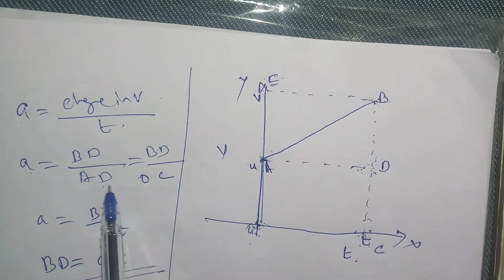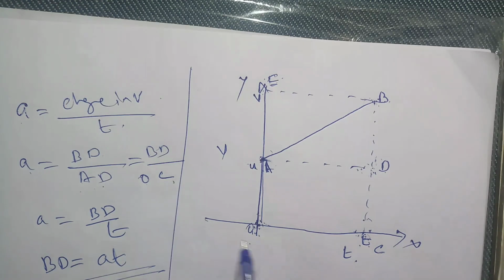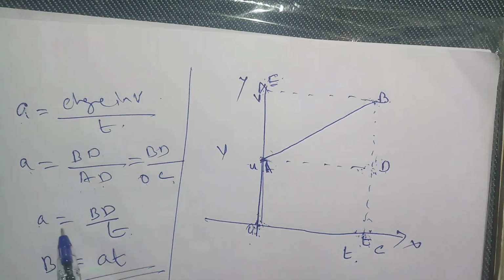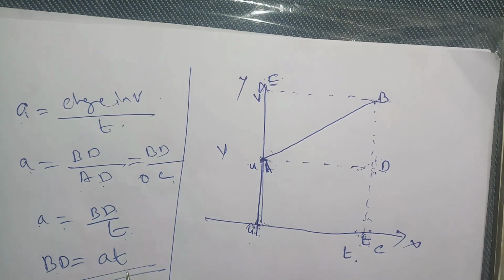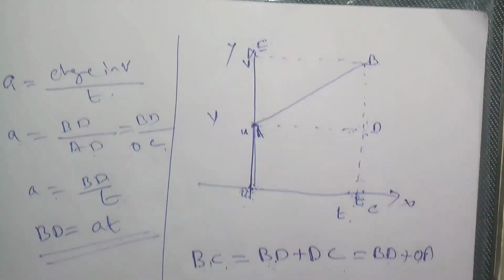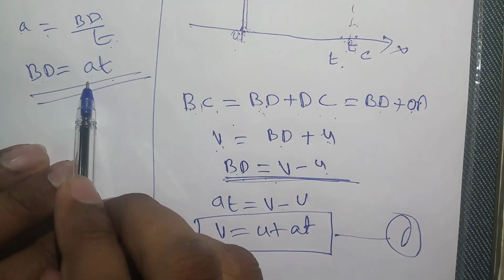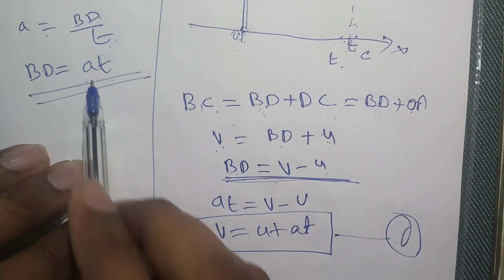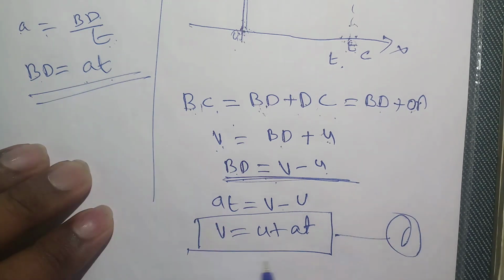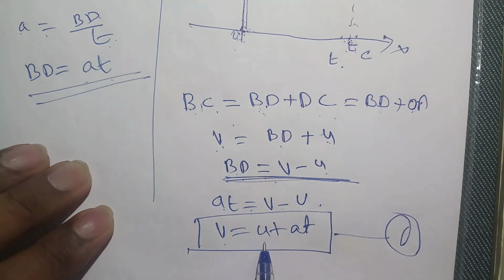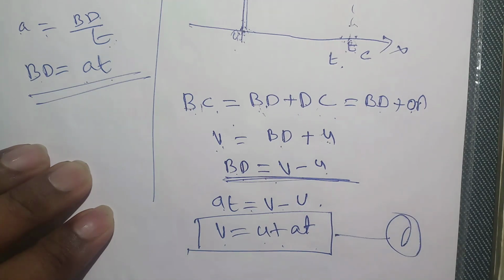So I first wrote AD here, then I made it into OC, and this can be written as T. So if you write here A is equal to BD by T, or BD is equal to AT. Already we got one equation for BD here. Now here we got another equation, AT. So now combine both. So you will get AT is equal to V minus U, or V is equal to U plus AT. So this is our first equation.